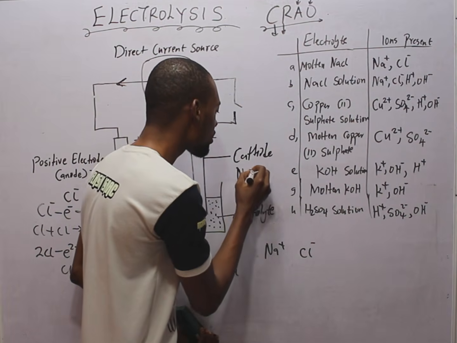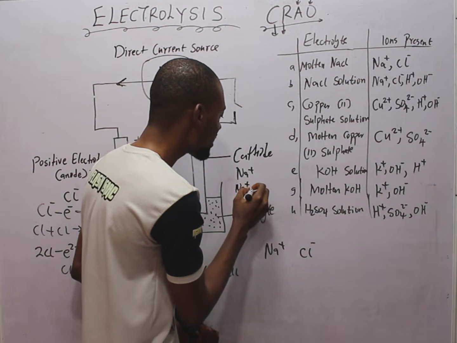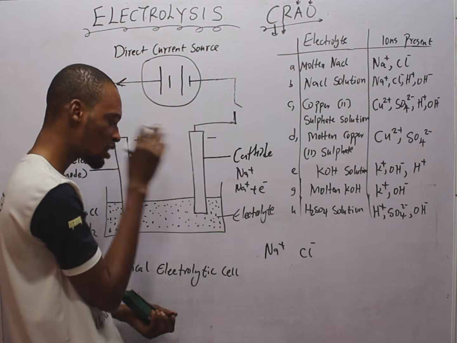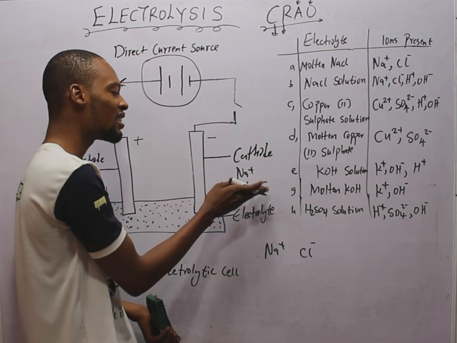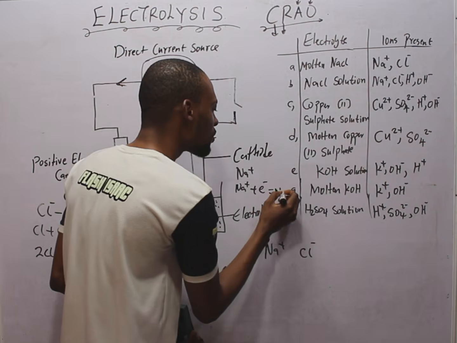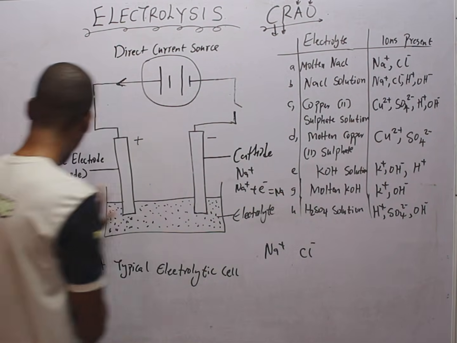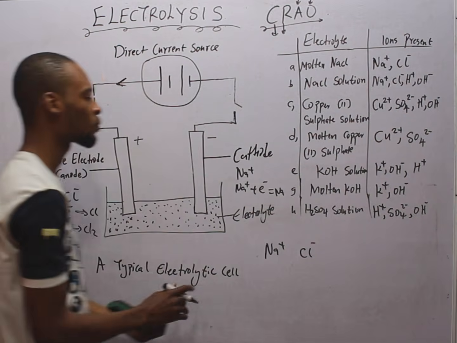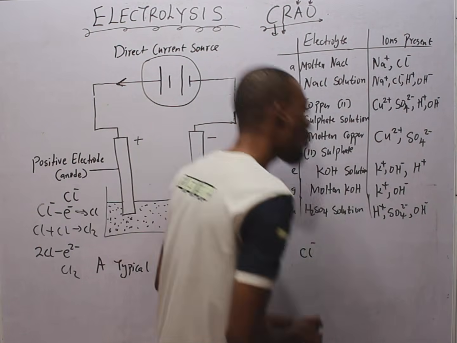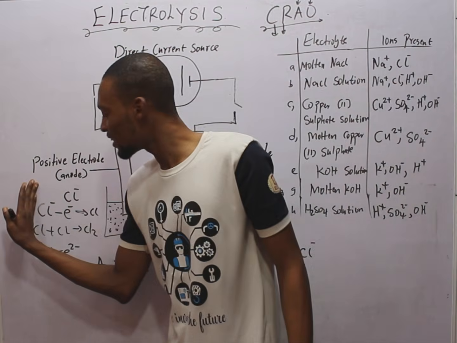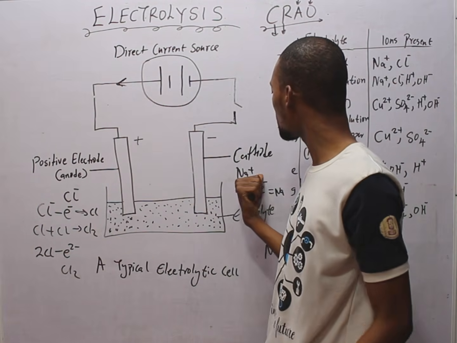So Na plus gains an electron, e minus. When a sodium ion gains an electron, it becomes a sodium atom, Na. So at the cathode, we have Na, and at the anode, we have Cl2. We will stop here. Why? This is simply because only one ion is deposited at the anode and only one ion is deposited at the cathode.